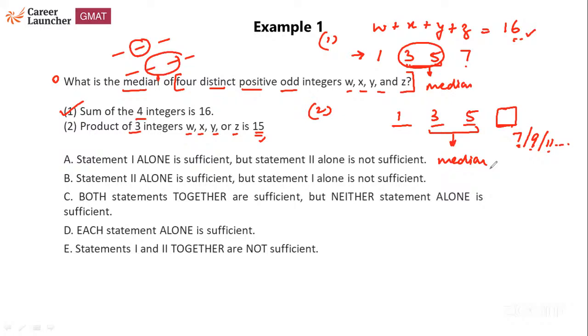And median can be calculated. That means second statement alone is sufficient. Option D is the correct answer here.